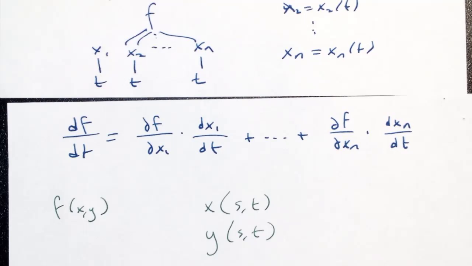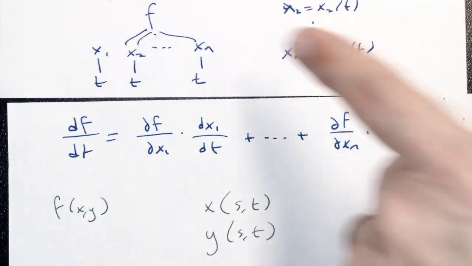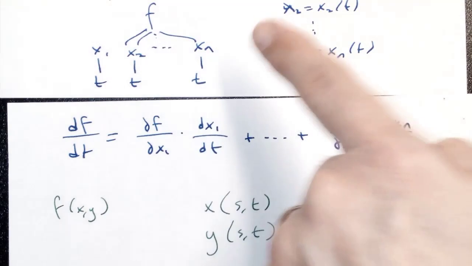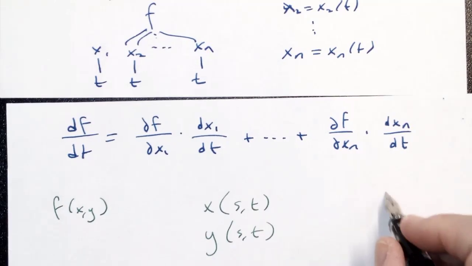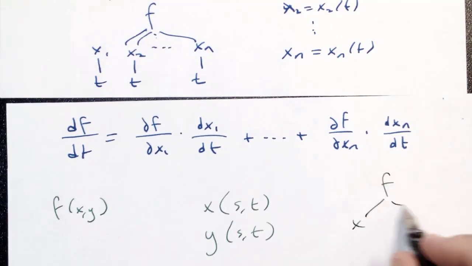Because now, Jack, I'm going to take my picture and I'm going to figure out what happens in my tree. What would be different in this case about my tree? No, it would be like, it would go partial. So from f, I go to x and y, and those are partials.